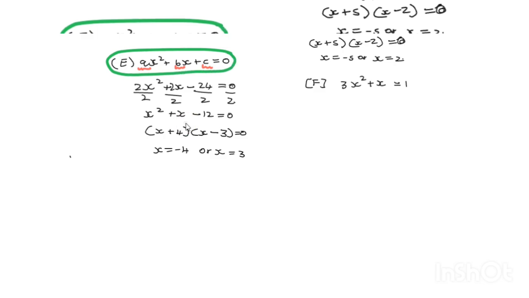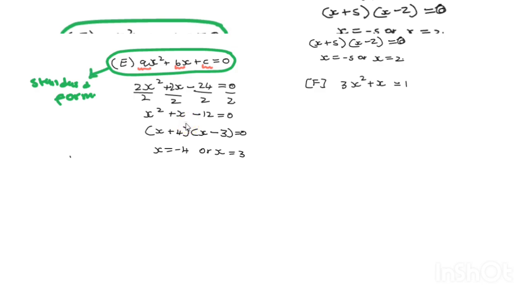So you can clearly see that this equation does not look like this equation. What do we call this equation again? It is called standard form. So it does not look like the standard form there.